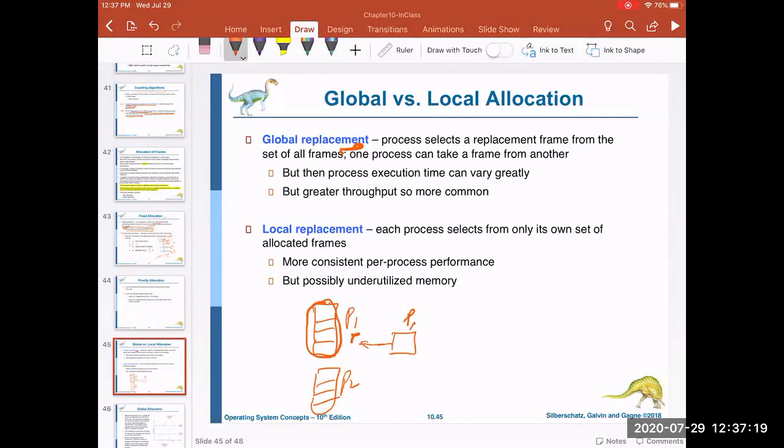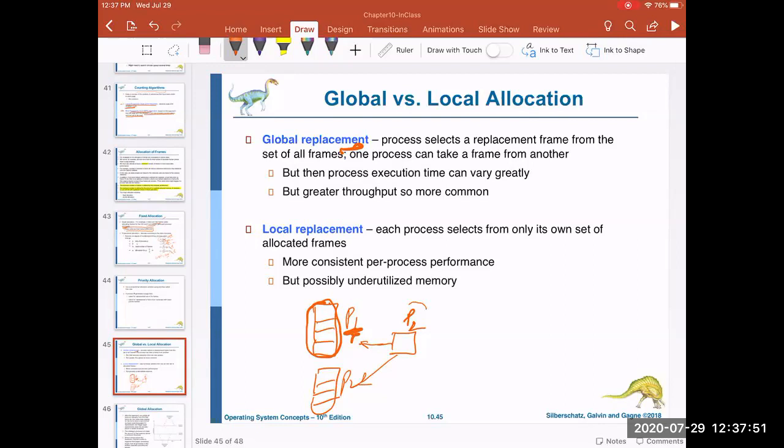With global replacement, it can also replace a frame from P1 or P2. Based on what replacement policy is being used, the frames would be freed, either from within the allocated quota of that process, or from any of the running processes.